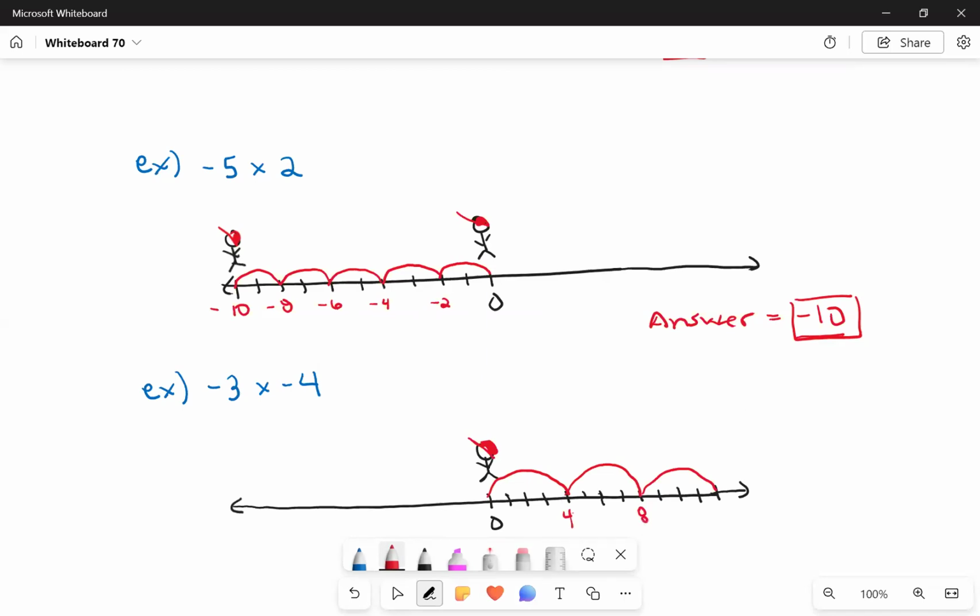So we end up jumping backwards while facing the left side, and we end up landing at positive 12. Okay, so that's how we can use the number line to demonstrate multiplication.